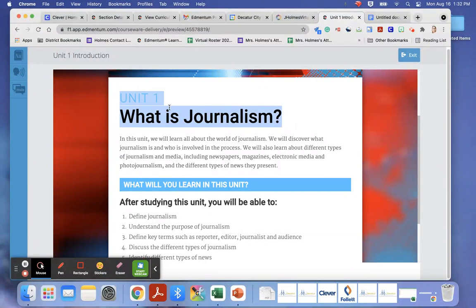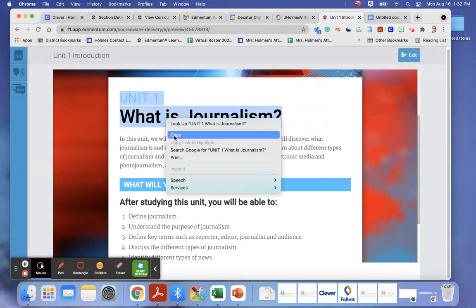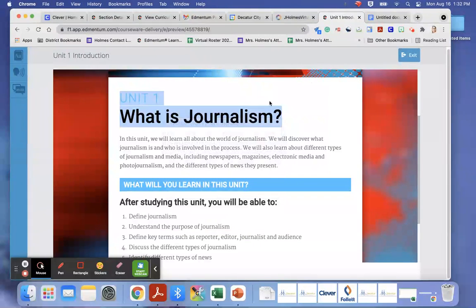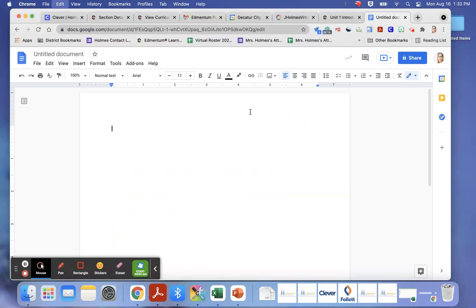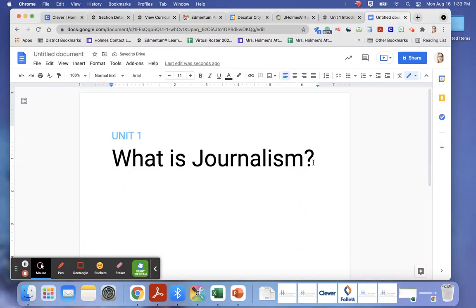So I'm just going to highlight that information and push Control C, or if you're using your mouse, you just right click copy, and then you're just going to paste. If you're handwriting it, I would start with Unit 1, What is Journalism?